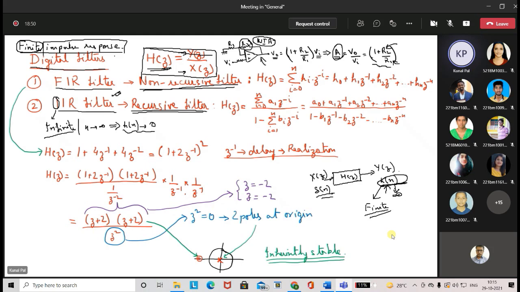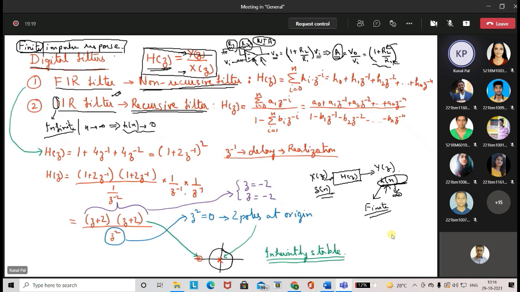There are several cases. If you do not choose the R1 and R2 values properly, this non-inverting amplifier may give you saturation. That means the results you get would have no meaning to you.